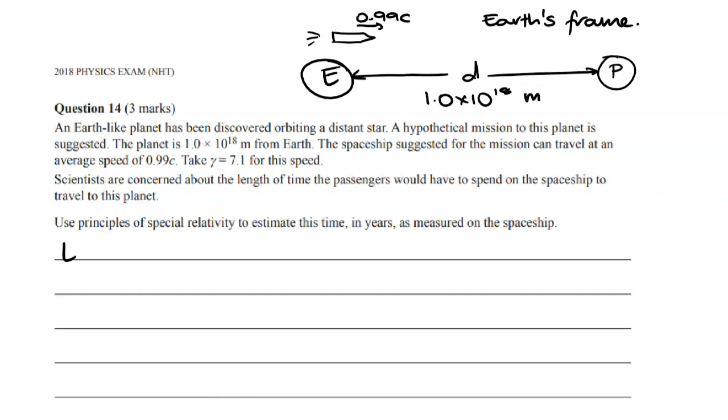So for this, because we're not accelerating, we can just use time is distance over speed or velocity. You could use displacement over velocity. So the distance, 1.0 by 10 to the 18 over the speed, 0.99 times 3 by 10 to the 8.